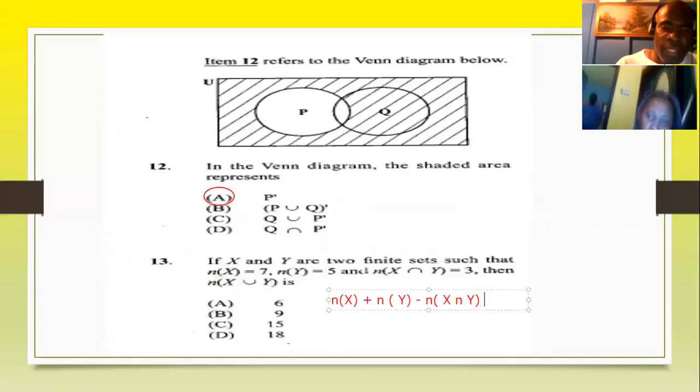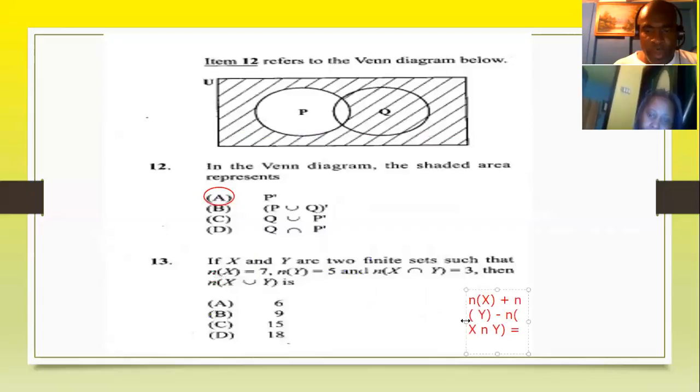And that will give you the answer. Follow?